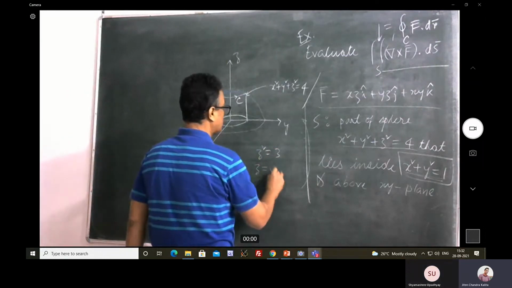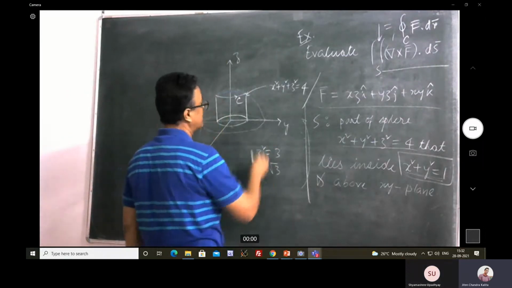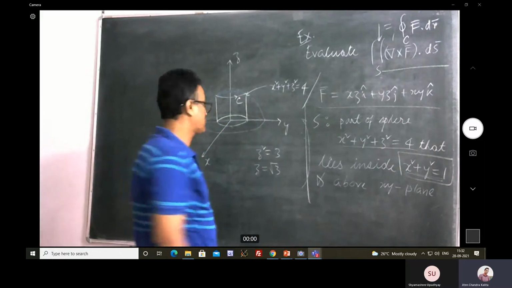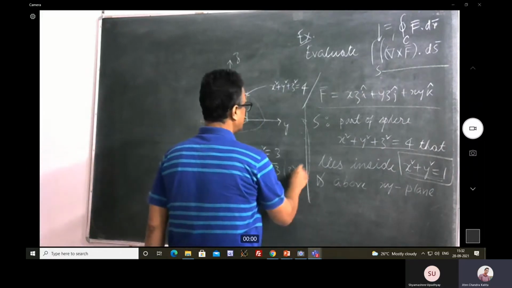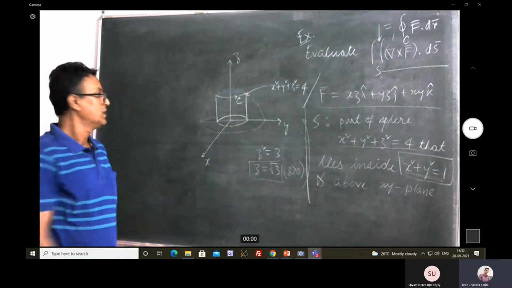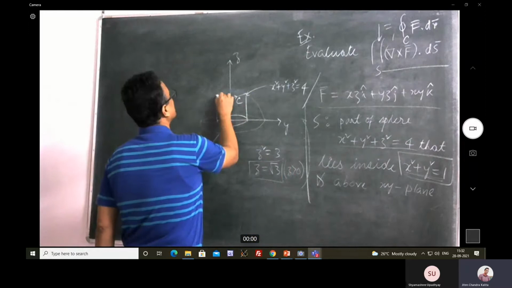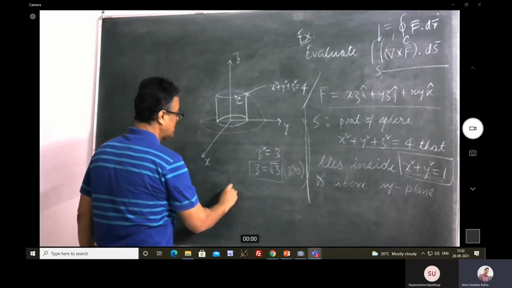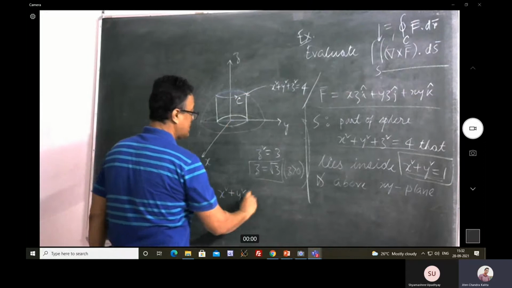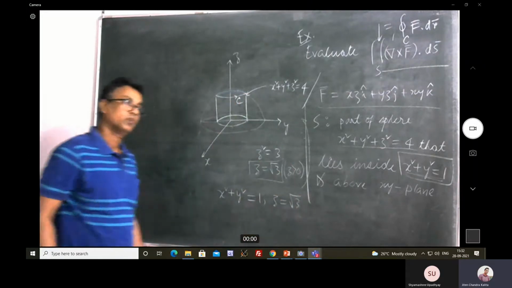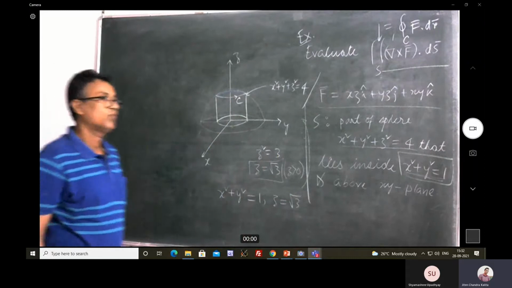That means z equal to square root 3, because I have been told to consider only the portion which lies above the xy plane. Since z is greater than 0, I stick to z equal to square root 3. So this curve C is nothing but the circle x squared plus y squared equal to 1 with z equal to square root 3.